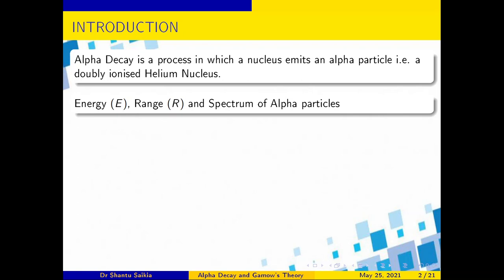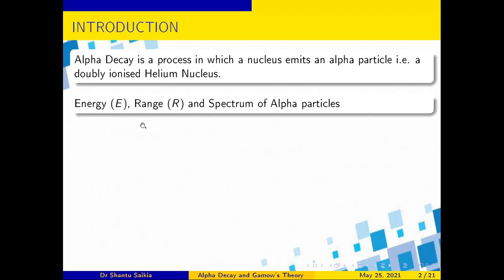The higher the energy of the alpha particle, the longer will be its range. This is something which can be experimentally measured. If we have different sources of alpha particles, we can measure the ranges of the alpha particles emitted by the source, which will indicate the energy of the alpha particles.